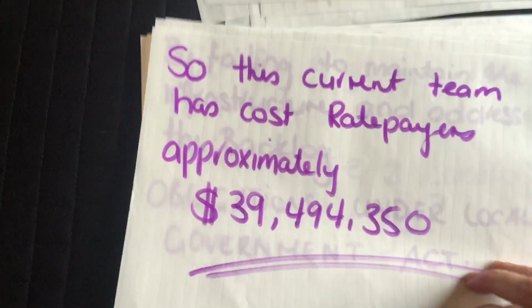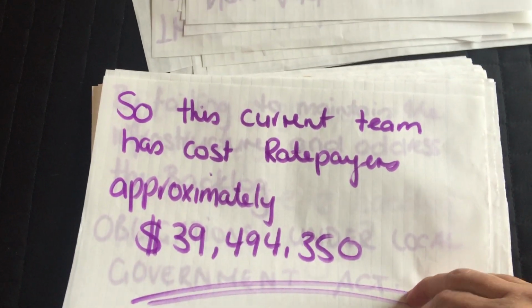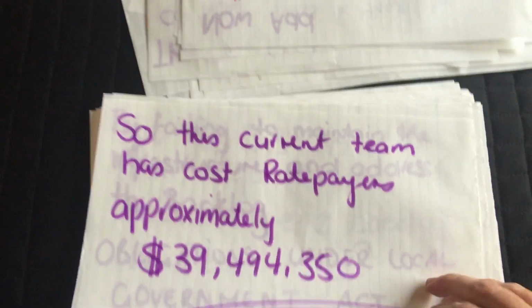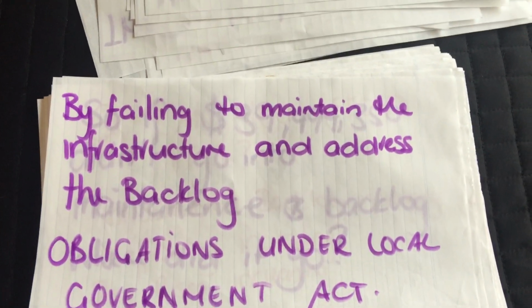All right, so this current team has cost ratepayers approximately $39,494,350 by failing to maintain the infrastructure and address the backlog obligations under the Local Government Act.